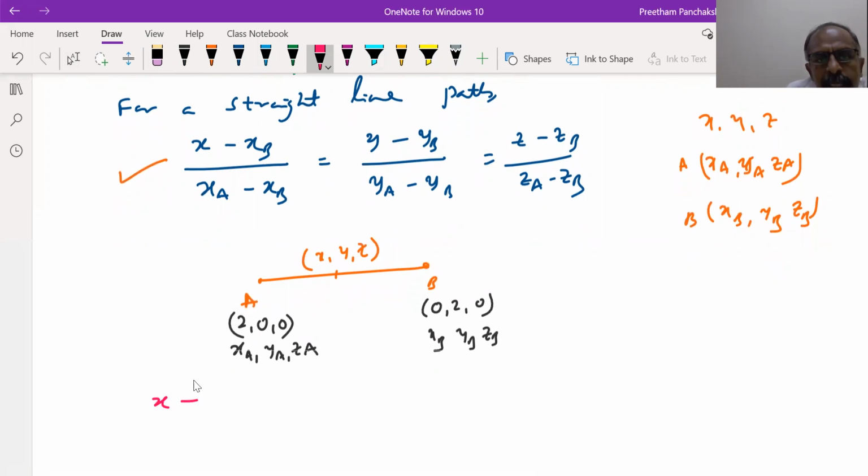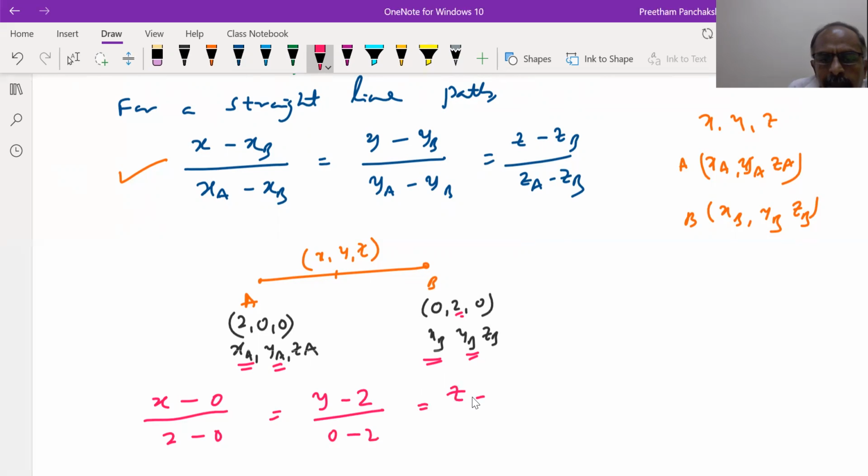So X minus XB. XB is this fellow, that is 0, divided by XA, that is 2, is equal to Y minus YB. YB is here, that is 2, divided by YA, which is 0, minus 2, is equal to Z minus ZB, that is here 0, divided by ZA, the first point, also 0, minus 0.